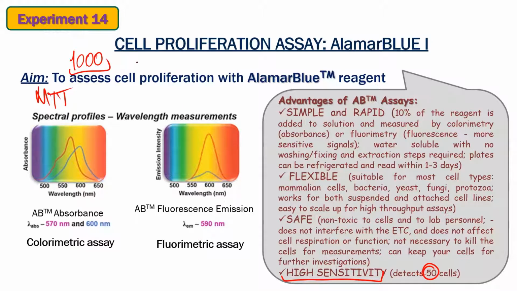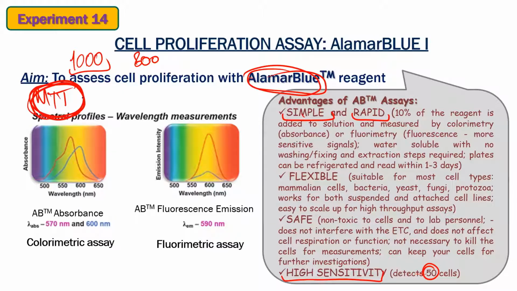So if we have 800 cells in the solution, it actually might not be affected so strongly that we see this difference in the color. But for our Alamar Blue, only 50 cells is enough to start developing the color.